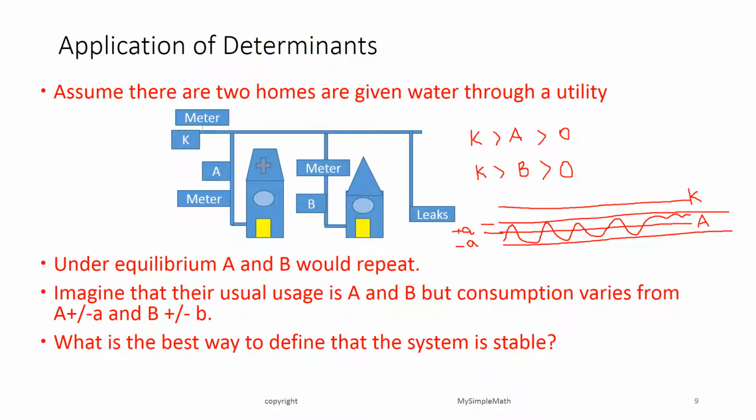Okay. Similarly for B, replace this by B. Let's say B is like this. B can have another one which is plus B. This is plus B and minus B. And B can go somewhat like this.